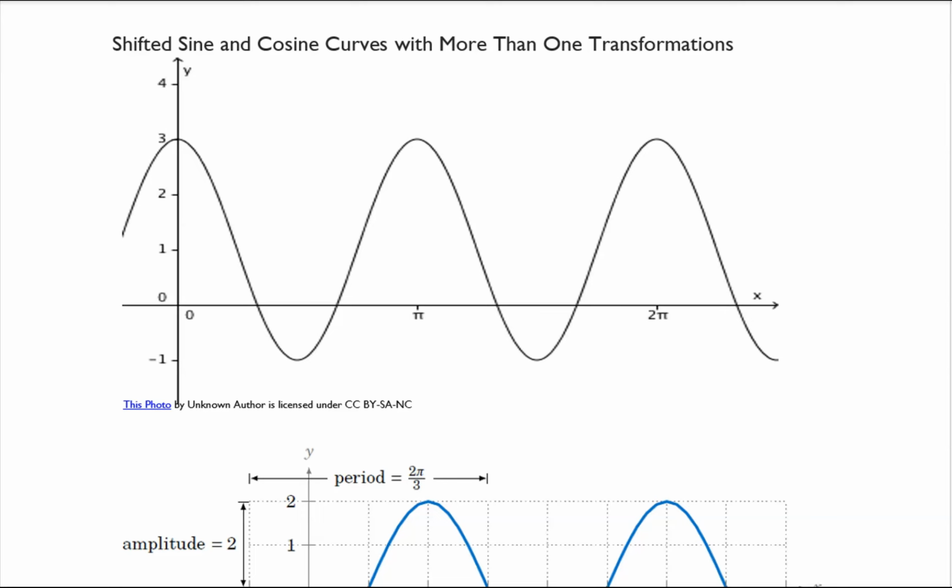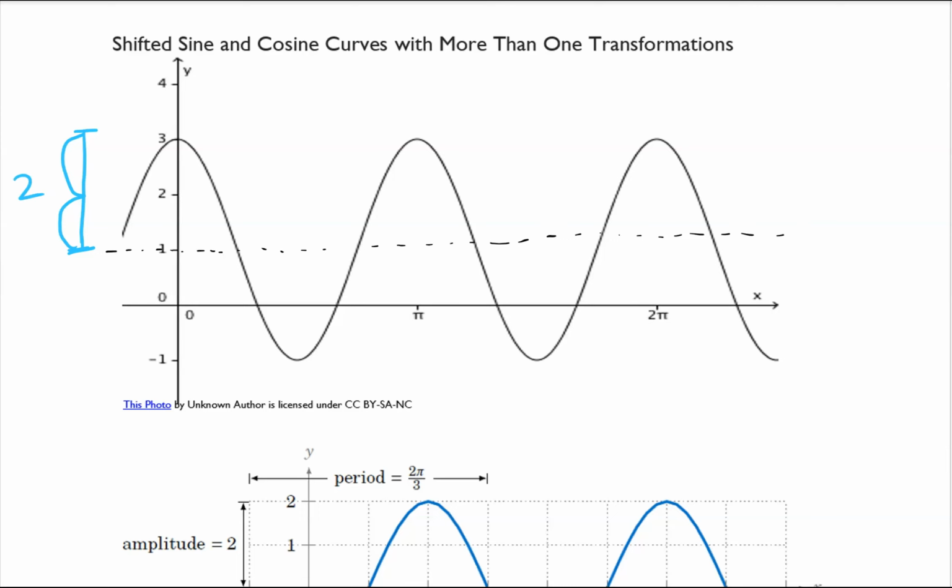All right, let's look at this next example. We're given a graph and we want to come up with the equation for this graph. And notice here that vertically the center is at 1, and then we can measure the distance from the center to the highest point, and that distance is 2 units, and so our amplitude is going to be 2 here.